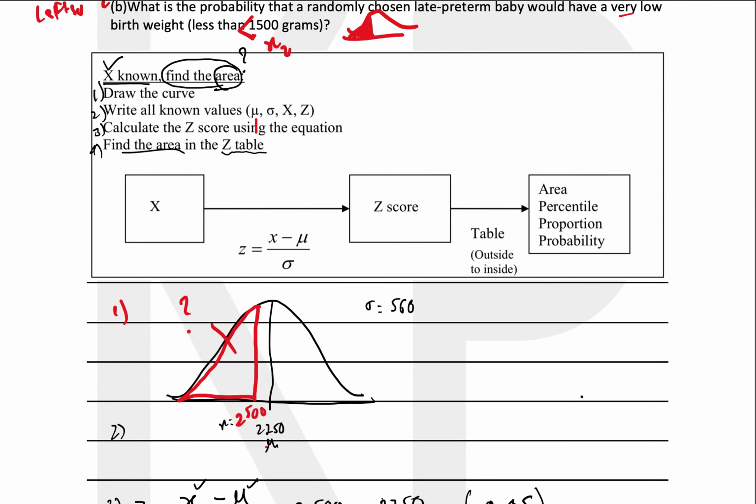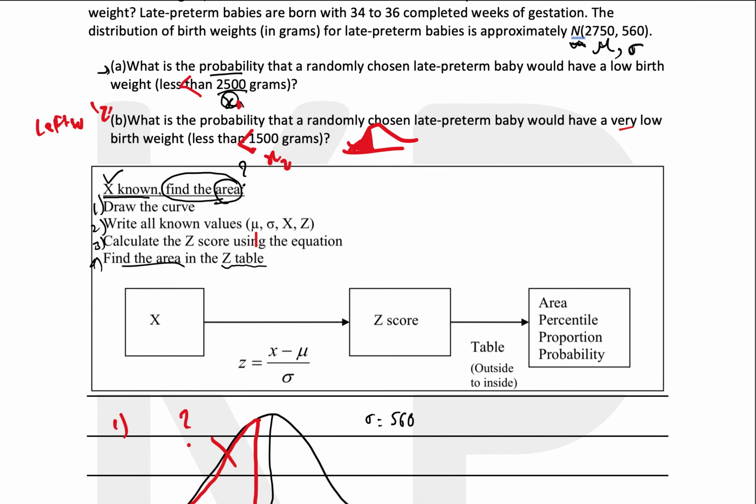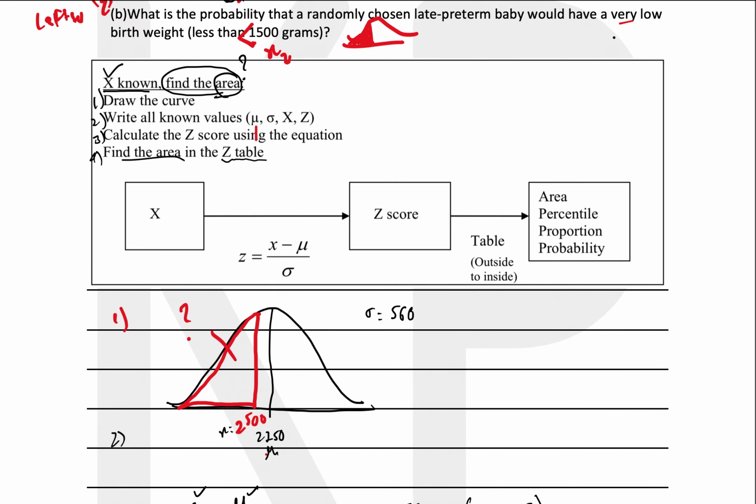So let's just draw that. I have already made this normal distribution curve. We just show that it's a normal distribution curve with mean value being 2750. That's the mean given here, 2750, and you can write sigma somewhere here, 560.